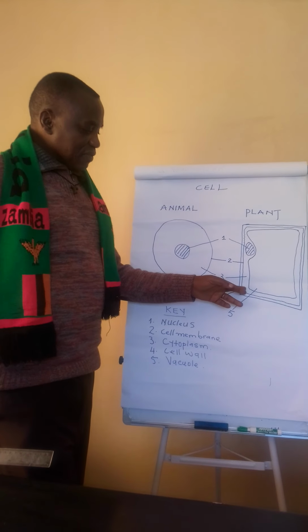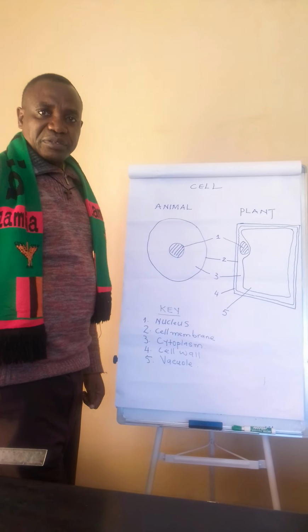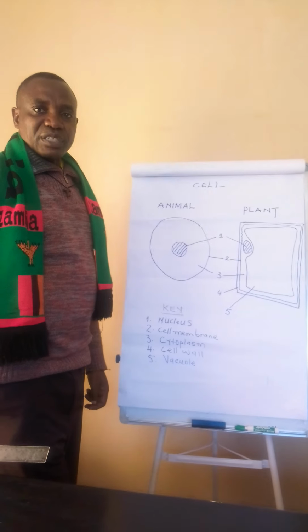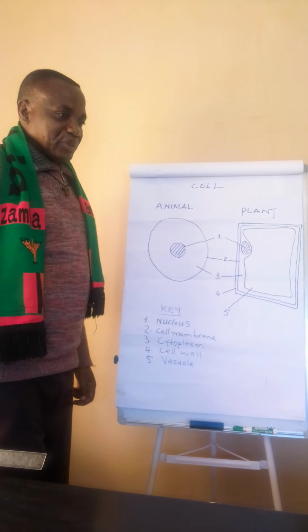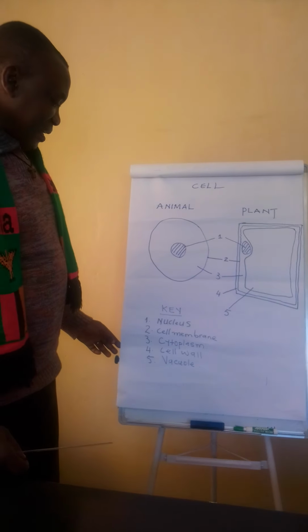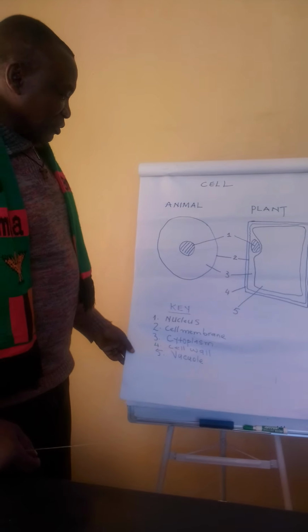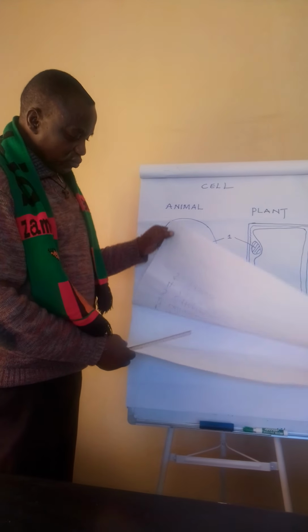So plant cells have chloroplast, while animal cells do not have chloroplast. So those are some of the differences that you could have pointed out. And if you checked your answers, I'll be most grateful if you got all of them correct.